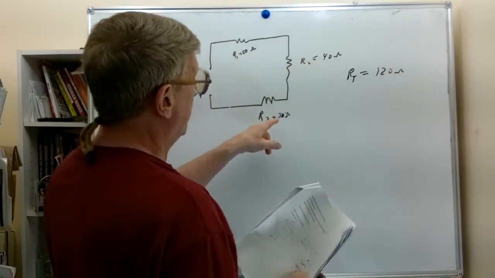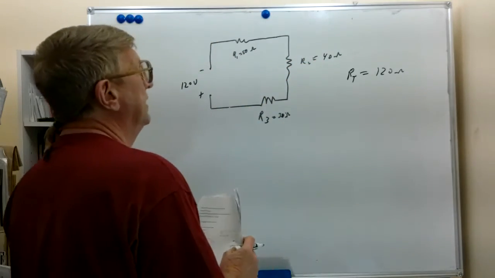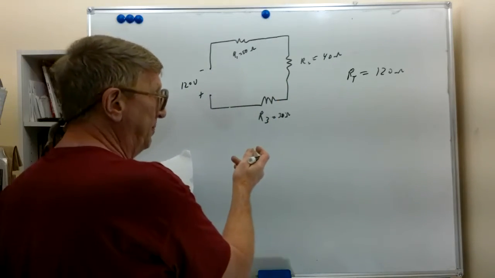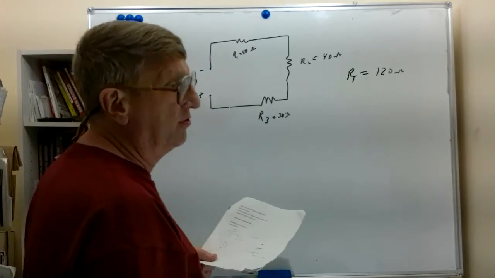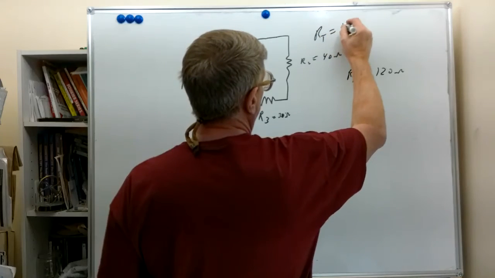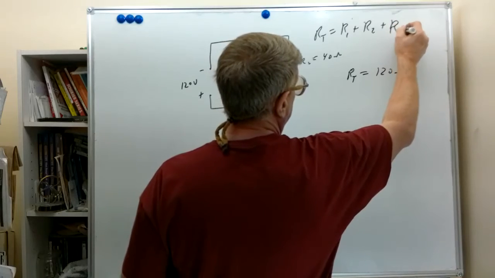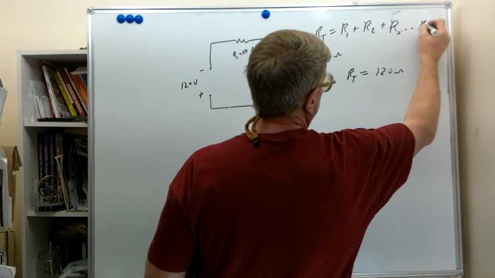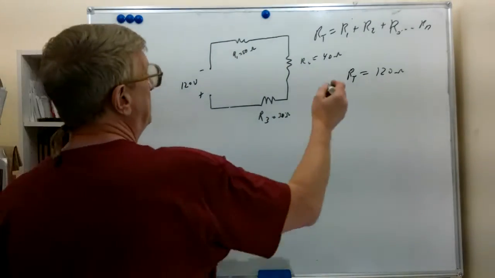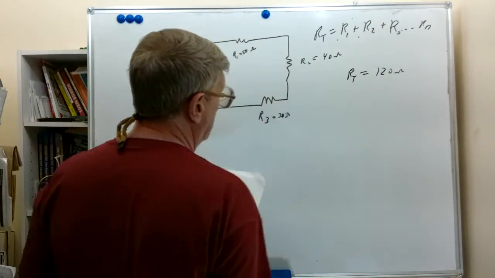We calculated this just by adding the three series resistors up using the series resistance formula, which I believe you probably know by now. R total equals R1 plus R2 plus R3 on out to Rn, the total number that you might have. In this case, we had 3. We put the 50 and the 40 and the 30, and we added them up, and we got 120 ohms.